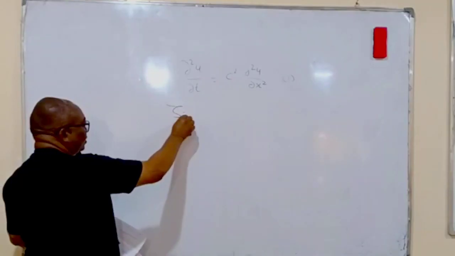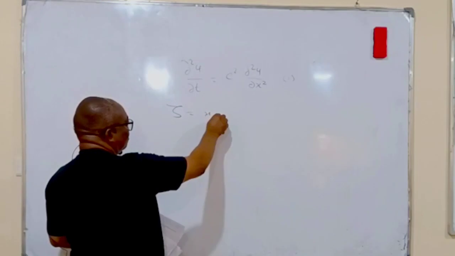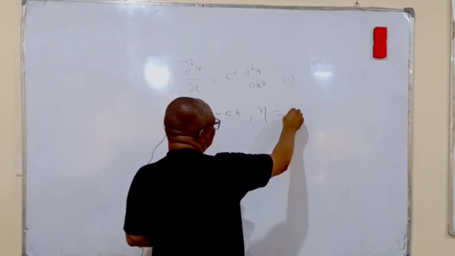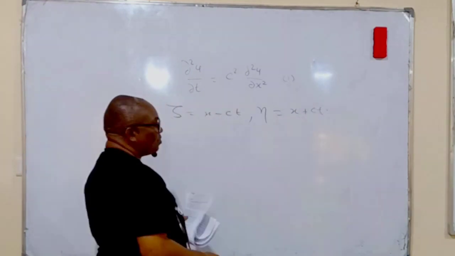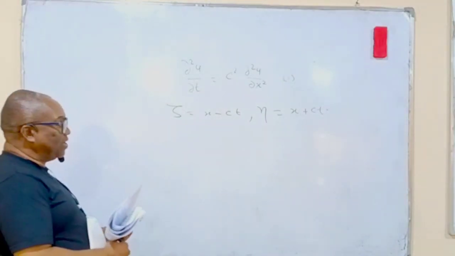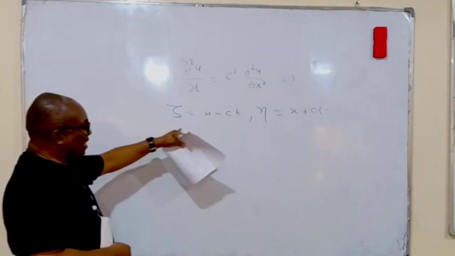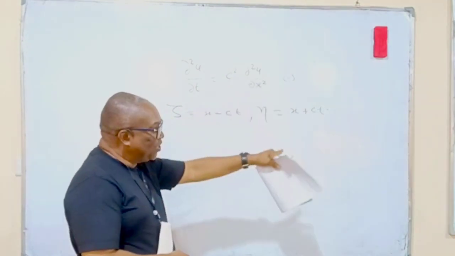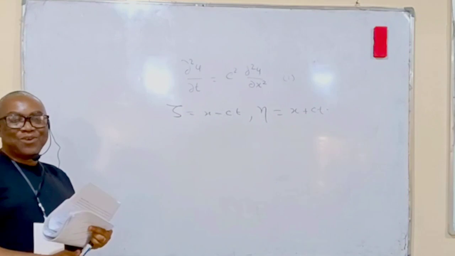One is theta equal to x minus ct, and the other one will be theta equal to x plus ct. That is our 2.5. The substitution of equations 1 and 2 into this will give you equation 2.6. Can we try that?